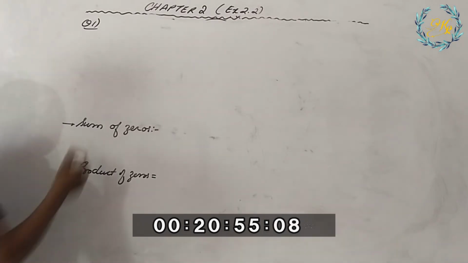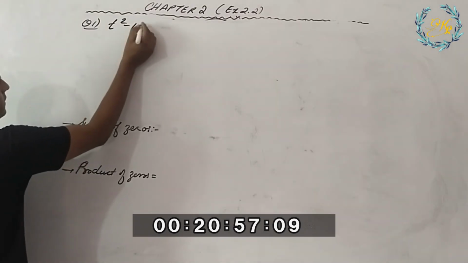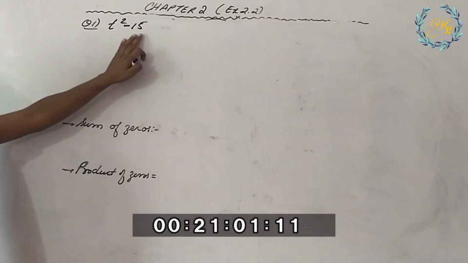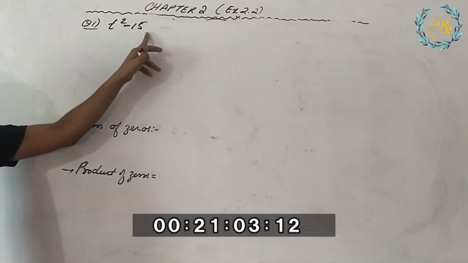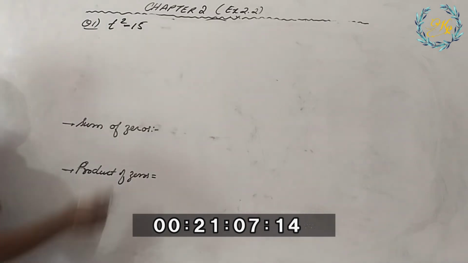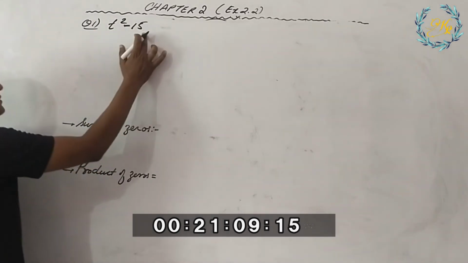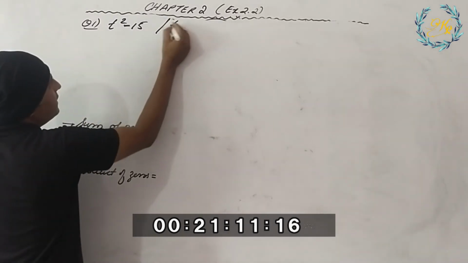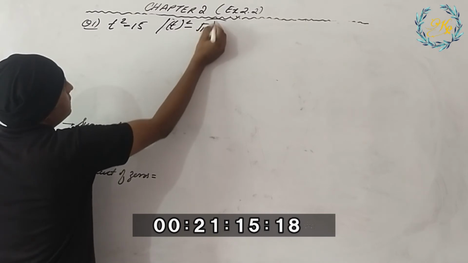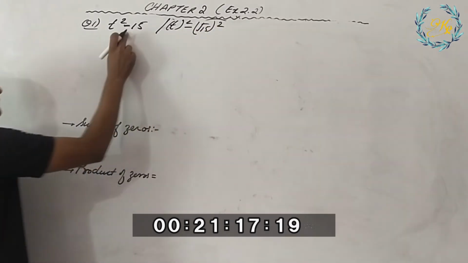Moving to the next question, t square minus 15. Now if we see that we cannot factorize it properly, we have the first term and the last term, ax square plus c. Alright? So we'll try to make it a polynomial equation first. If I take this value, t whole square minus under root 15 whole square, I get 15 again.